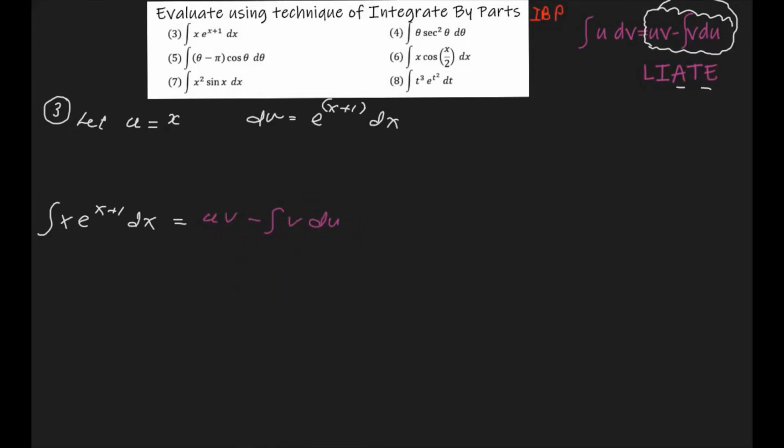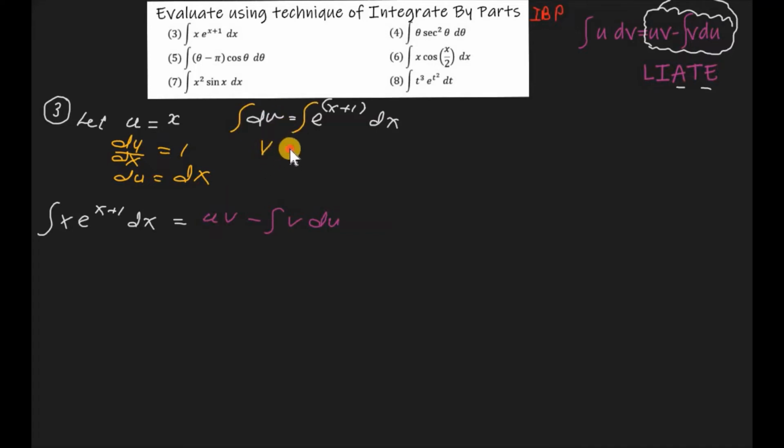And where to get them? We are supposed to differentiate this thing. So du, we differentiate, we get 1. Okay, so du is dx. We're going to replace du over that. As for this portion, we are to get the v. So how to get the v? We integrate both sides, integrating dv with respect to v.